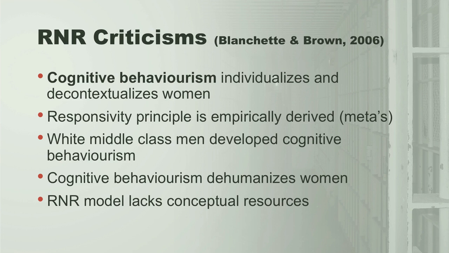Secondly, what they don't like about R&R, the responsivity principle in particular, is that it's empirically derived, specifically using meta-analysis. So feminist criminologists are not fond of meta-analysis, specifically in the realm of understanding girls and women. Why? Because meta-analysis is all about large numbers. What do we know about the research that's predominantly been done with girls and women? Typically, small samples are used, right?